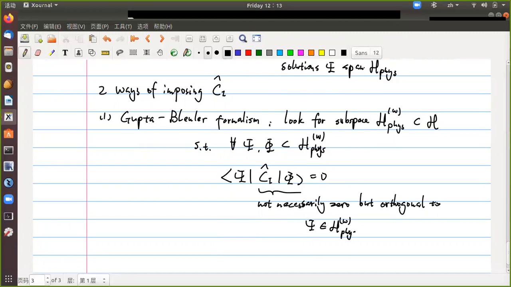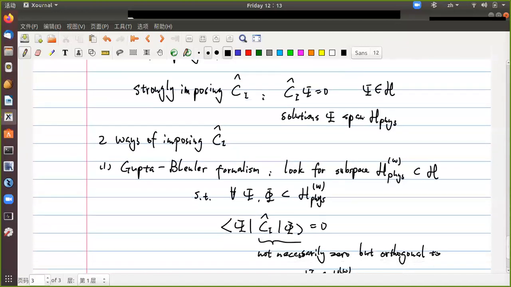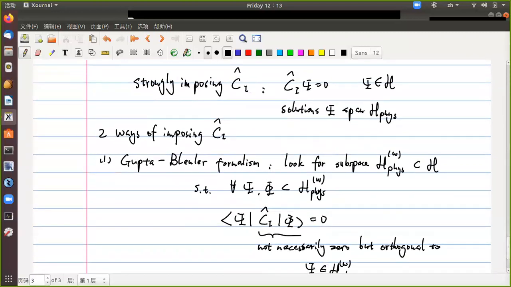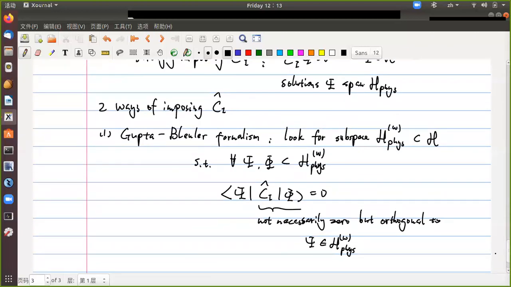But when you're strongly imposing constraints, this part has to be 0. So the constraint operating on state has to be exactly 0, strongly 0. But when you impose constraint weakly, this is not necessarily 0.